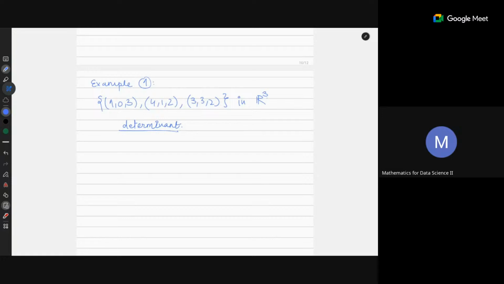How do you check independence using determinant? We have to write A times first vector plus B times second vector plus C times third vector is equal to 0 if and only if A, B, C are 0. Then we can say that they are independent. So also we can find the determinant. Yes, that is what I was covering.